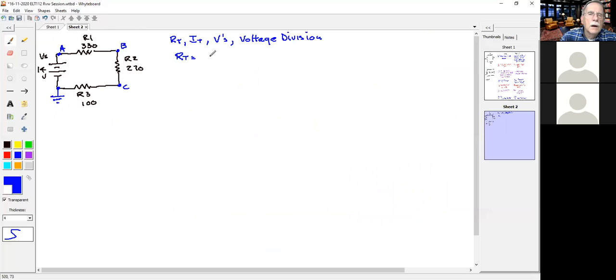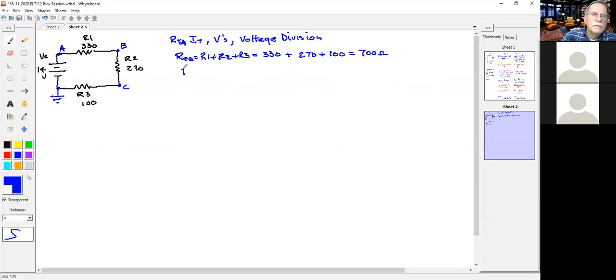So RT is going to be R1 plus R2. This is a close REQ. It's the sum of the resistors. I've got 3, so I've got 330 plus 270 plus 100. So that gives me a total resistance of 700 ohms.